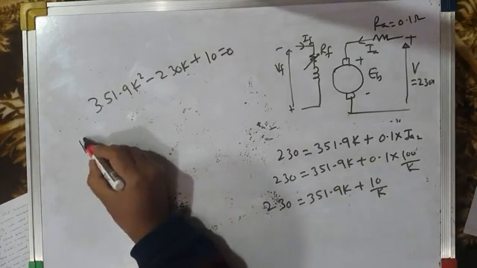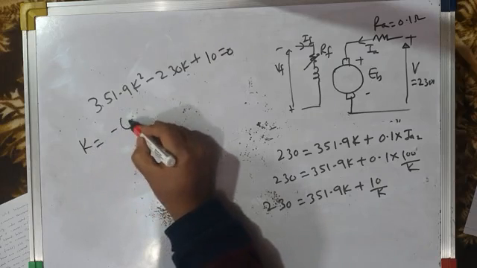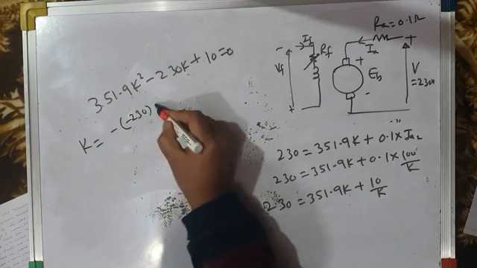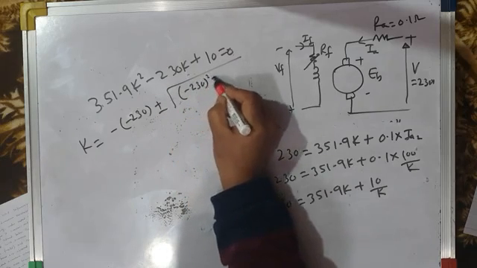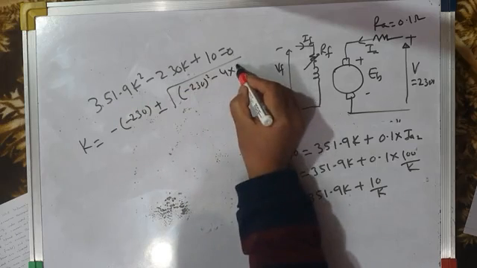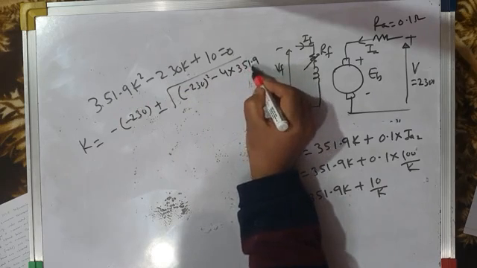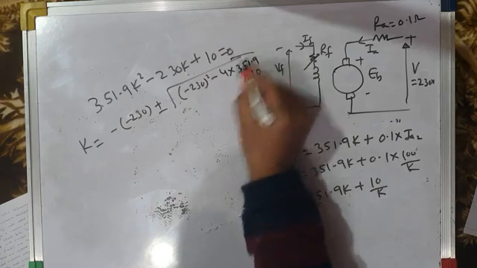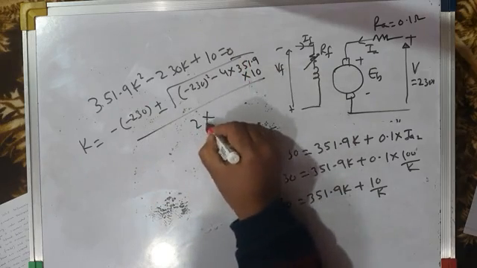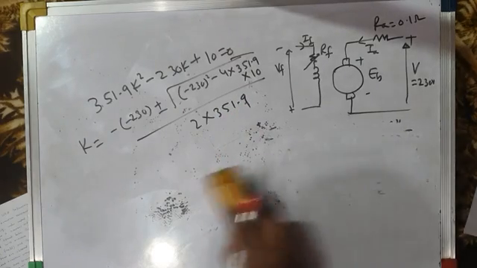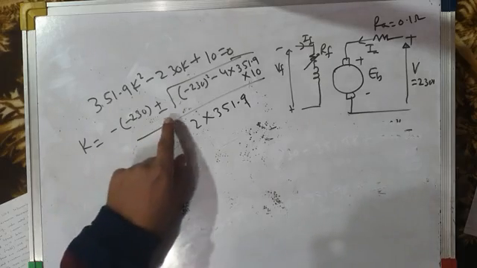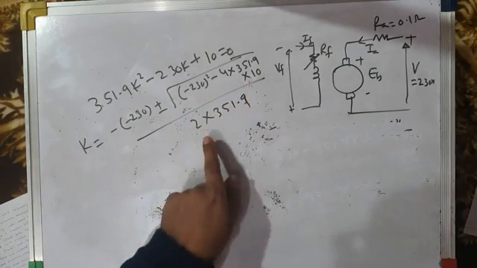Solve this quadratic equation. K is minus B plus minus under root of B square minus 4AC, whole divided by 2A.